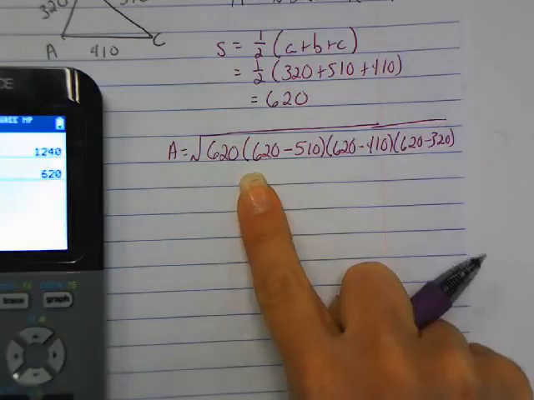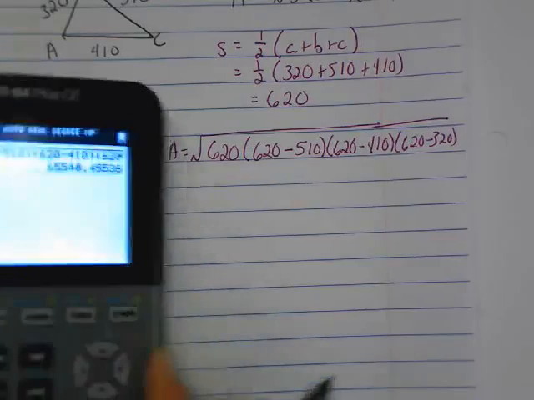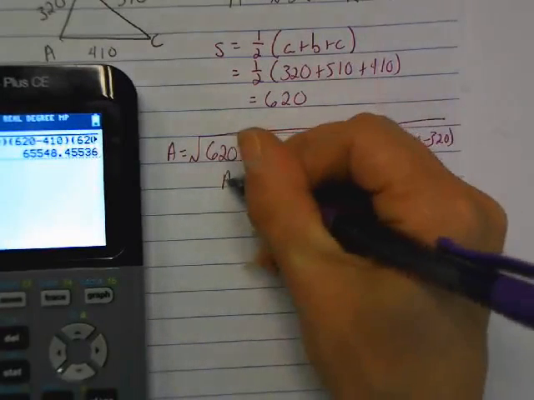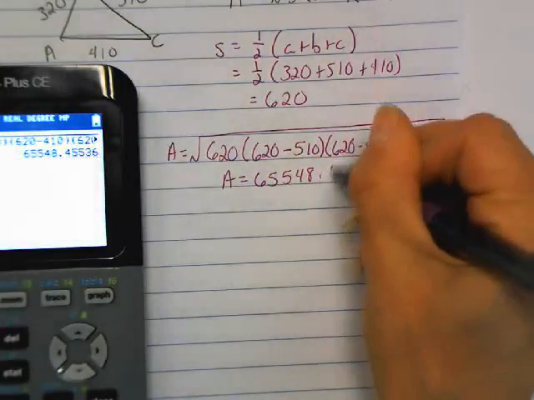So the square root, and you find out that the area is 65,548.45 square feet.